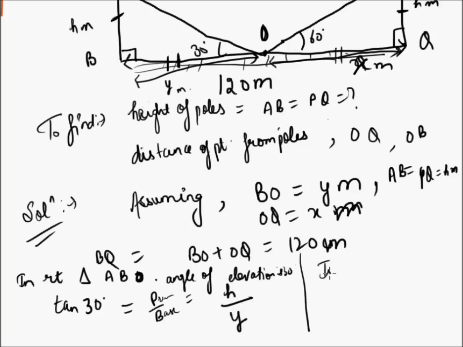Similarly in right triangle PQO, right angled at Q, we have tangent of 60 degrees as h over x.